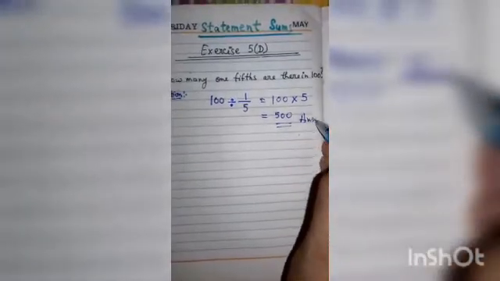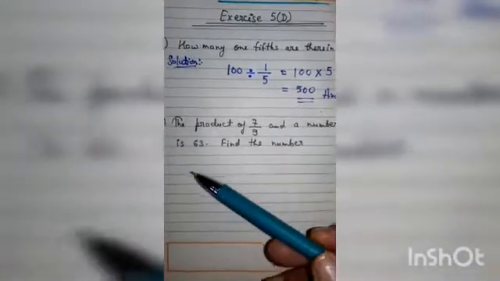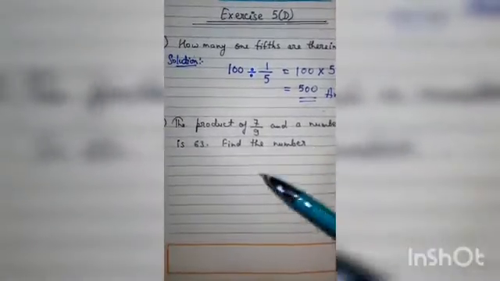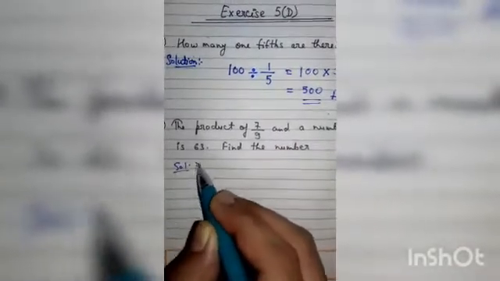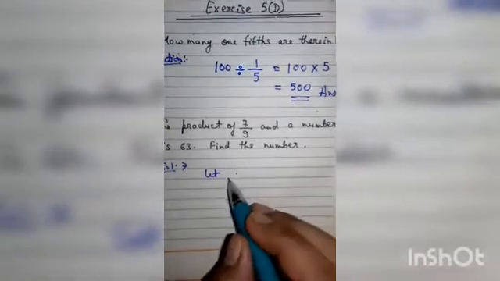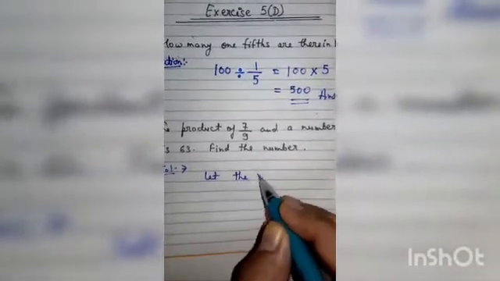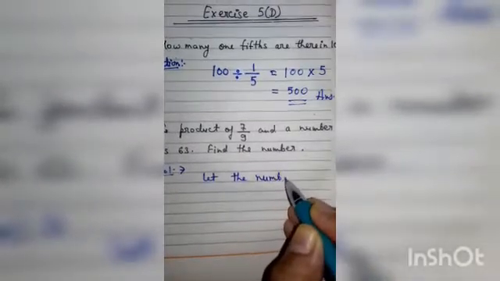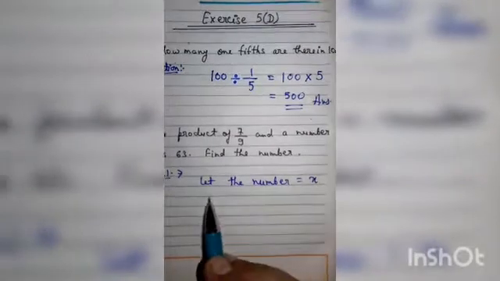Okay. Next, the product of 7 by 9 and a number is 63. Find the number. So in the solution, let the number be x.